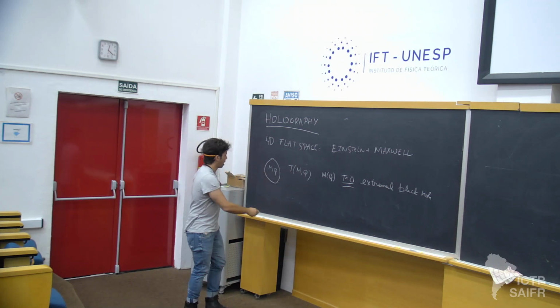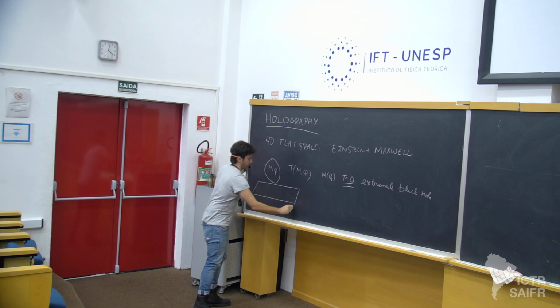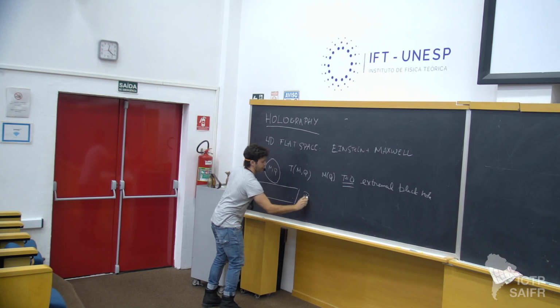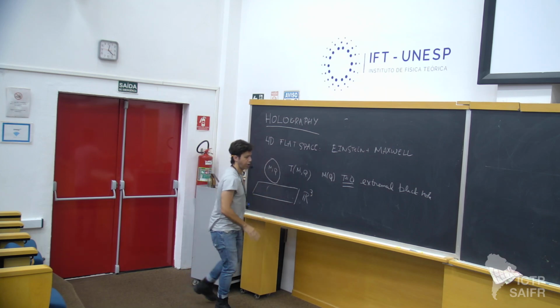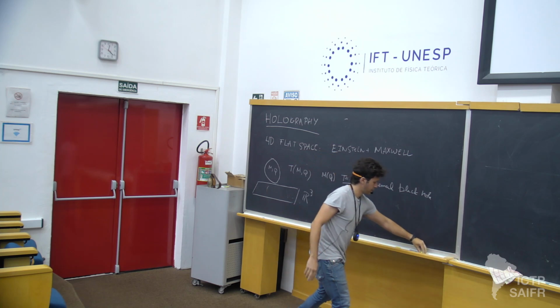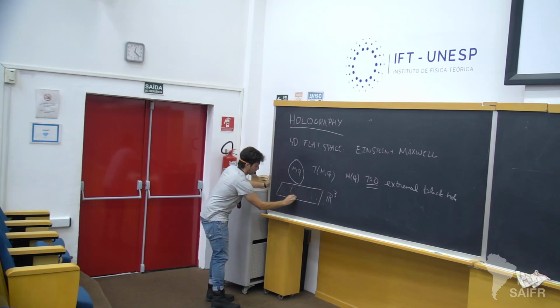So if I just sketch this geometry, this is just a spatial slice, R3, and then there is a region, draw it in red, where the black hole becomes infinitely redshifted away.